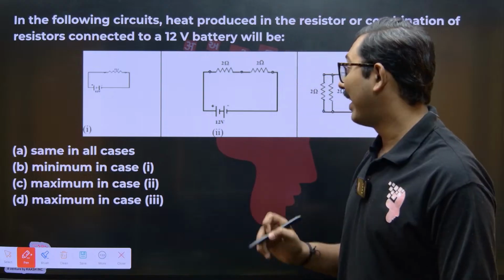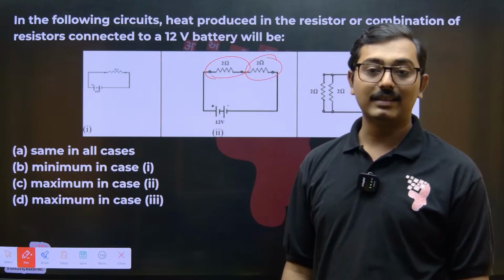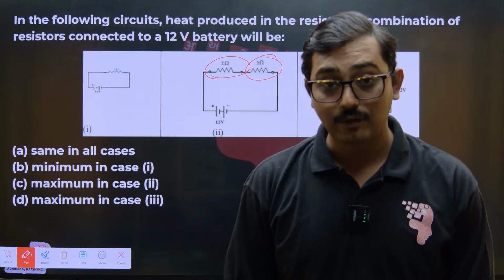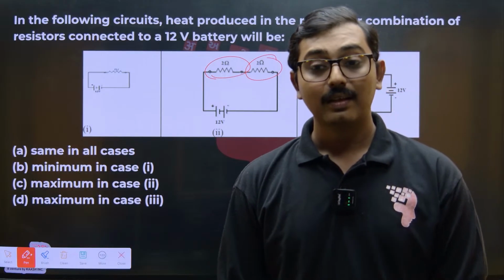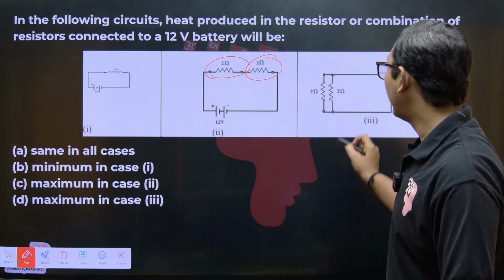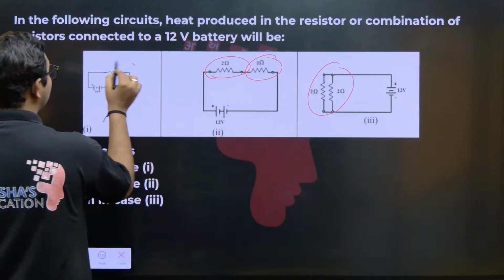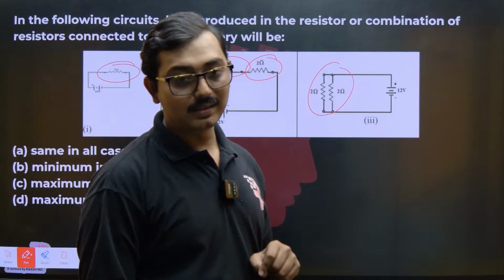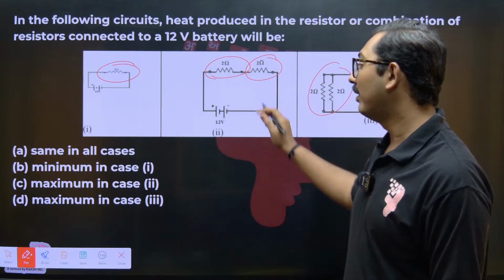Because when resistors are in series connection, they require more energy, and more energy gets wasted. More heat energy is going to be released. Over here it will be less energy, as this is just one resistor of 2 ohm, so it is going to have less consumption of energy than over here.